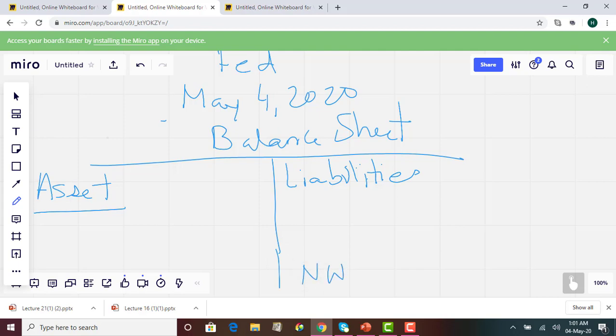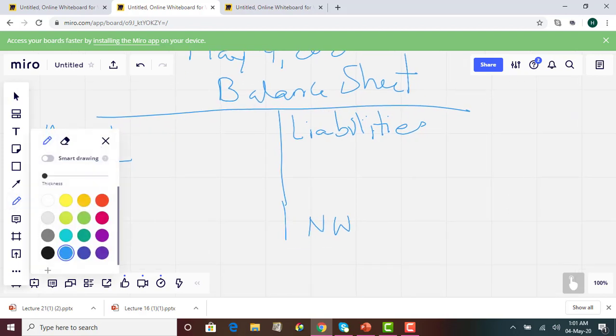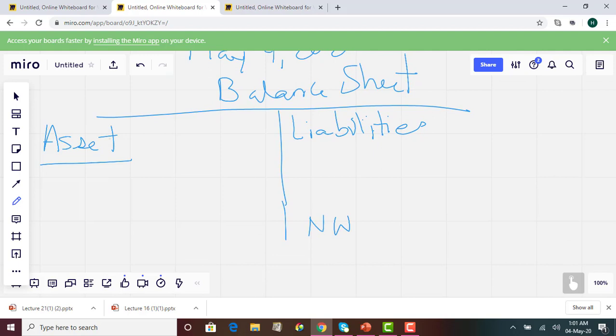Okay, now what are some of the assets of the Fed? Again, US Treasury bills, and you have to write the amount also. Let's say it's 2 million. Just this number is given to you.